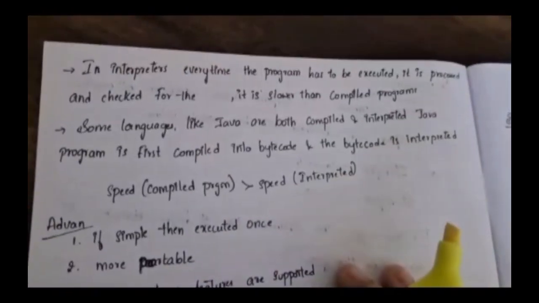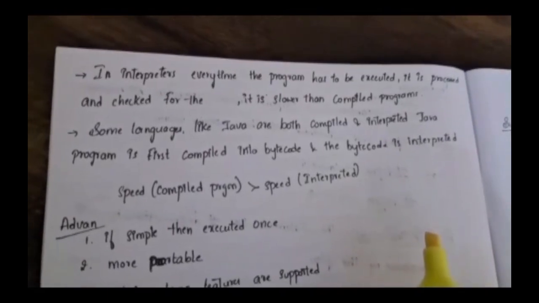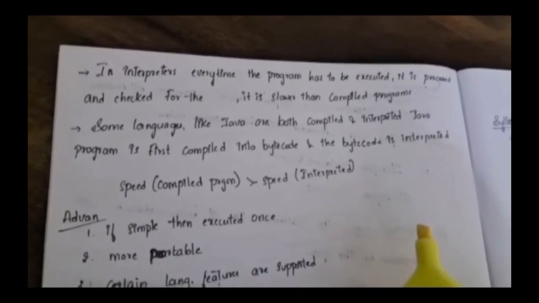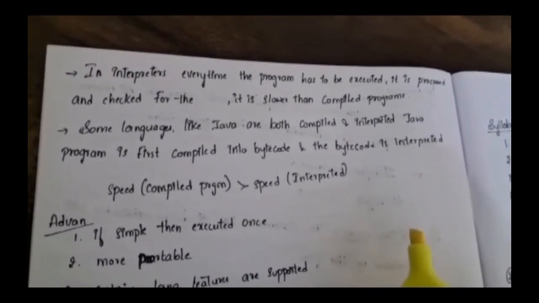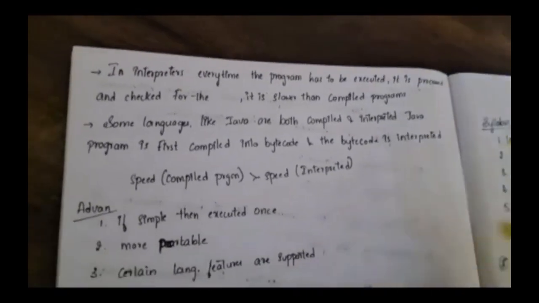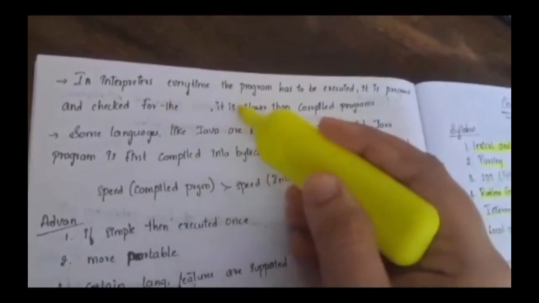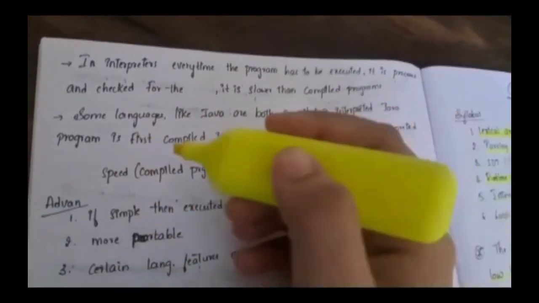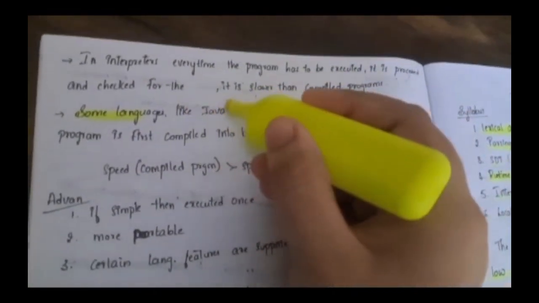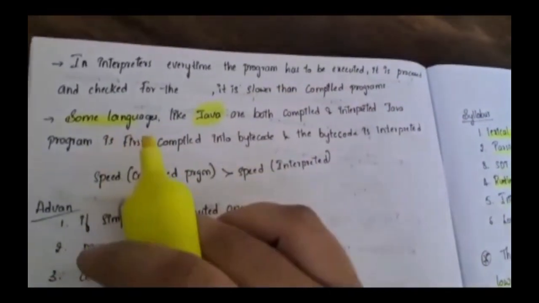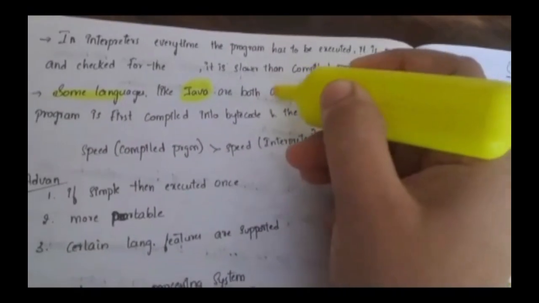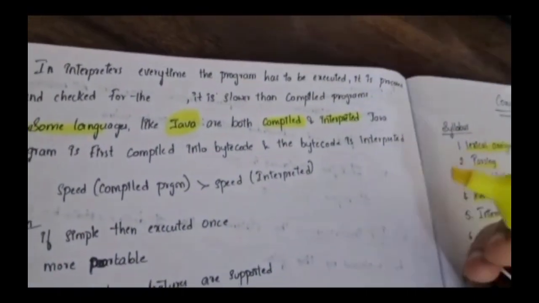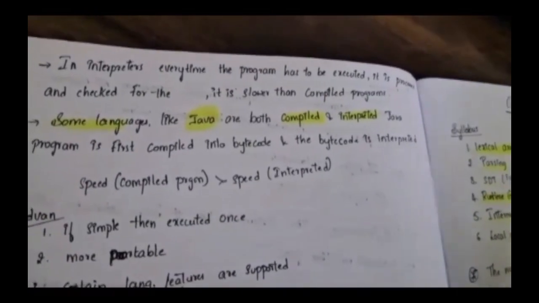Next, in an interpreter, every time the program has to be executed, it is processed and checked line by line, so it is slower than compiled programs. As I've already mentioned, this takes a lot of time because each and every line must be checked. For some languages like Java, we have both compiled and interpreted, meaning we have both the compiler and the interpreter in Java.